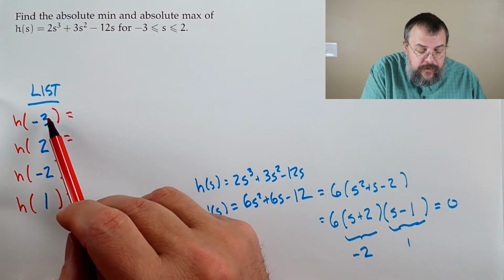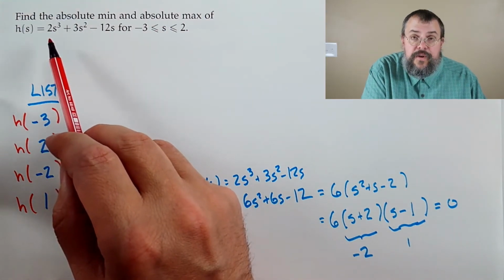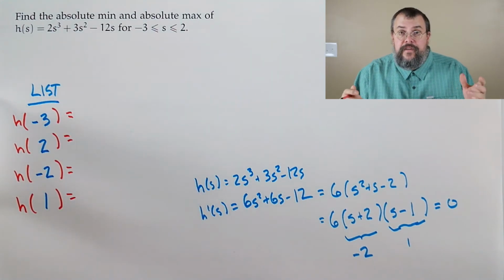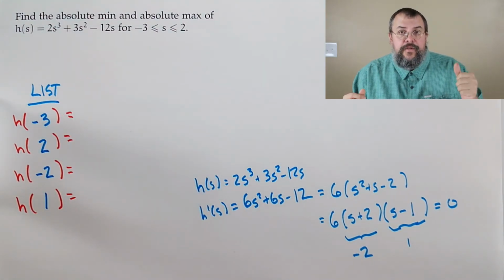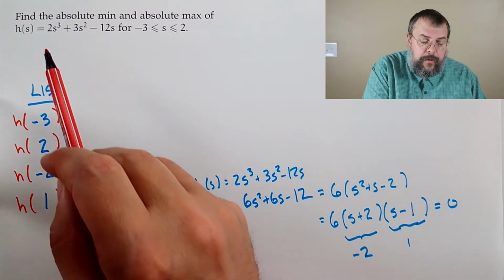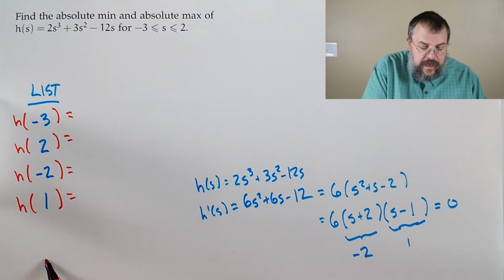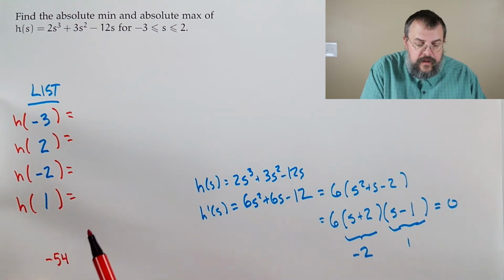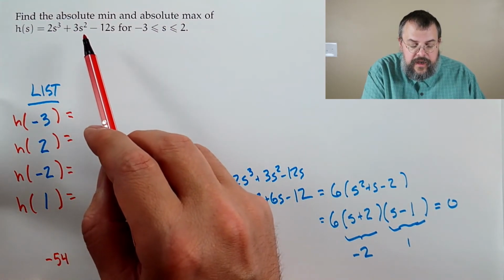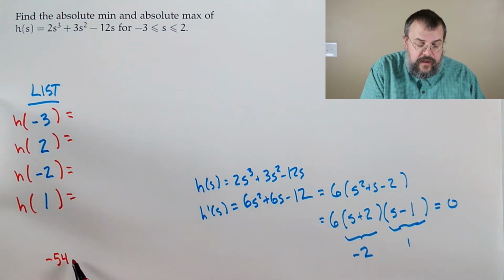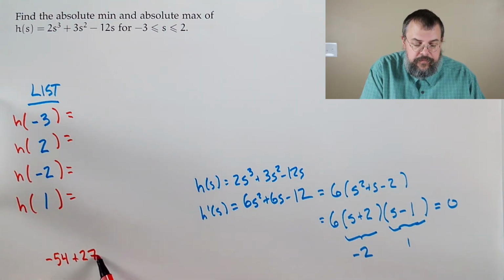When I plug in negative 3 cubed, it'll be a negative, because if you cube a negative, you get a negative. 3 times 3 is 9. 9 times 3 is 27. And then we double that. So we'd have negative 54. Then we're going to have 3 times negative 3 squared, which is 3 times 9, which is plus 27.